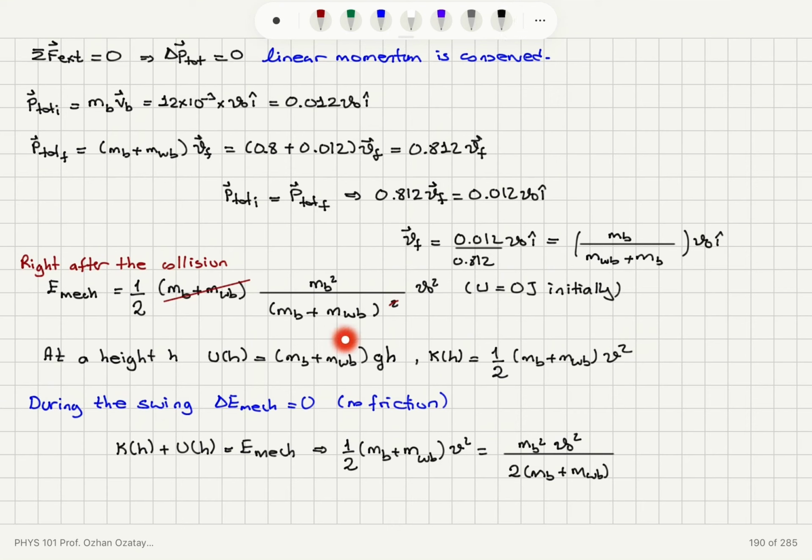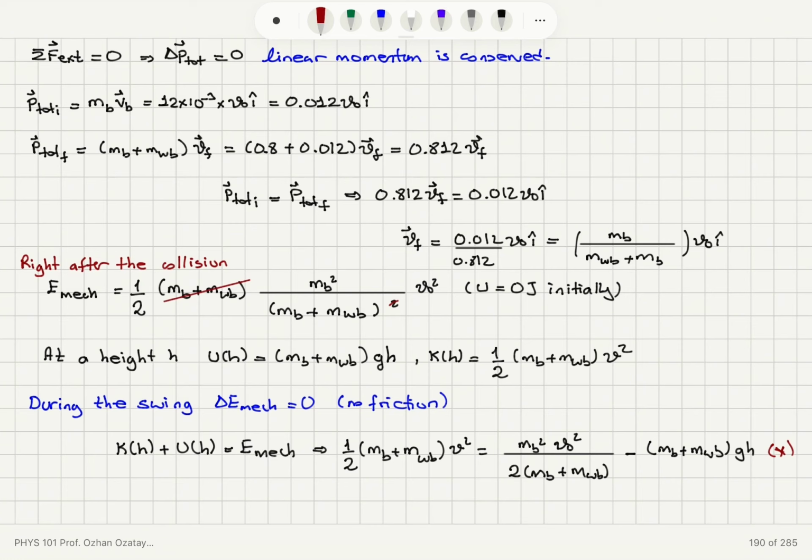That is this mechanical energy here. And minus the potential energy, the total mass times g h. So let's call this equation the star equation.